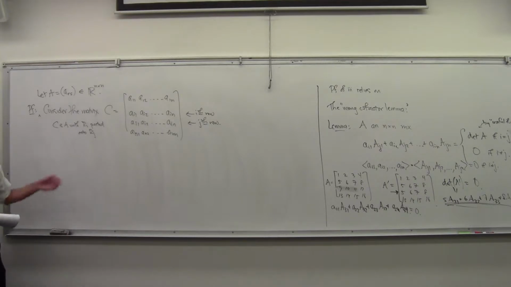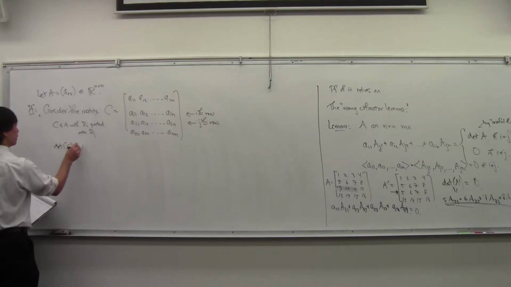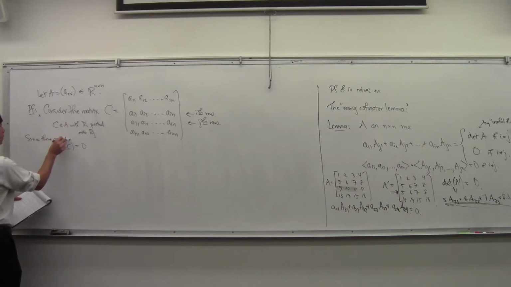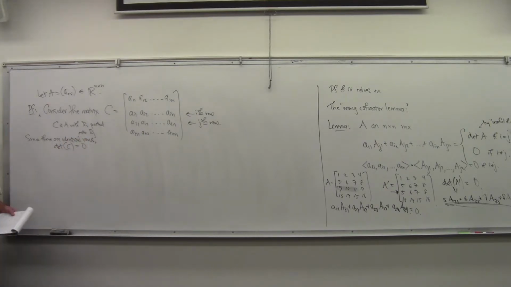Okay, and then the proof is: take the expansion down that row. So the determinant of C is 0, since there are identical rows. The determinant of C is 0.